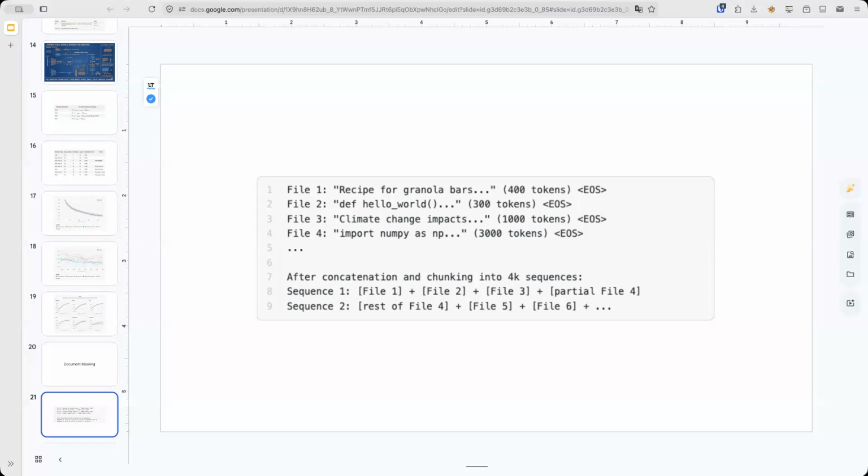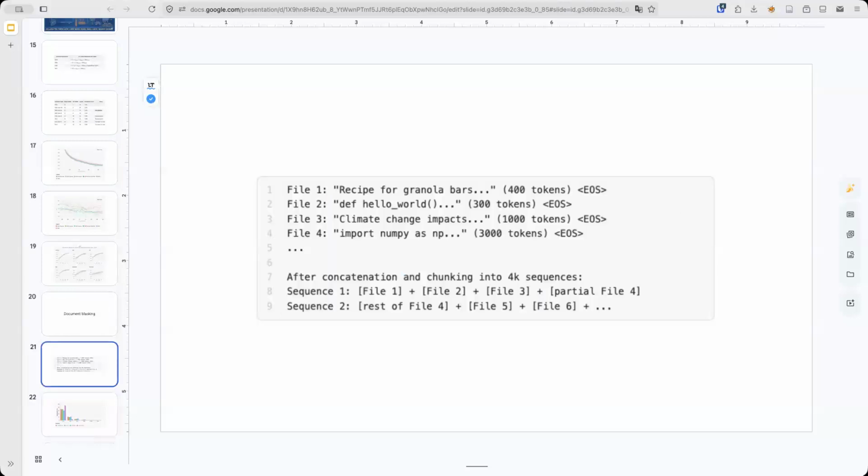How do we train on them if we want to train using 4K sequences? One idea is that we can pad each one of the files up to 4K sequences, but that's going to be very wasteful. So another idea is that we can combine the files together until they reach our required window and then continue.